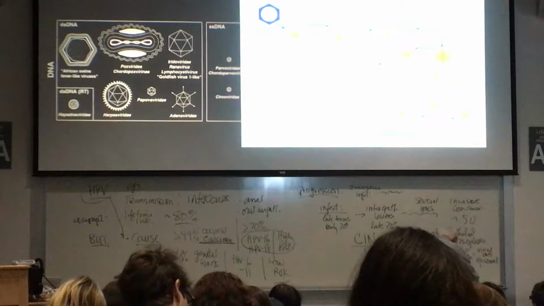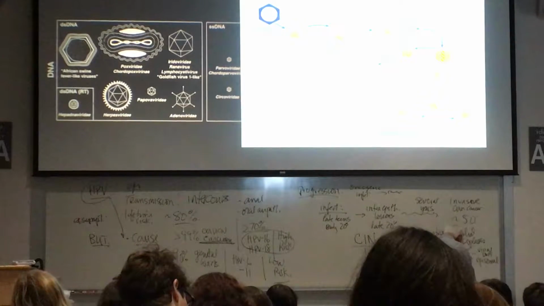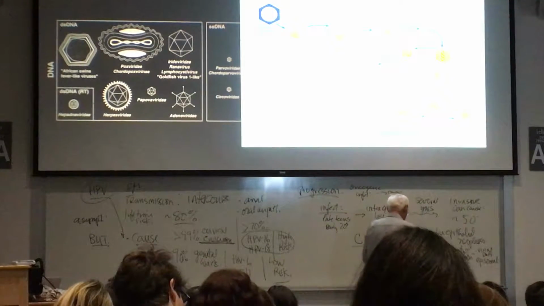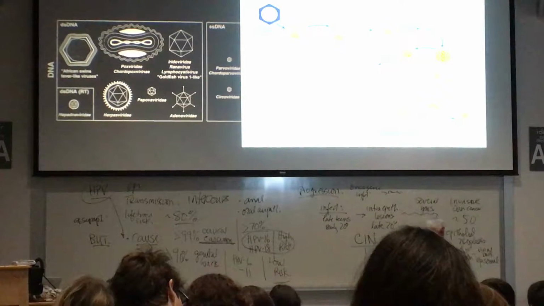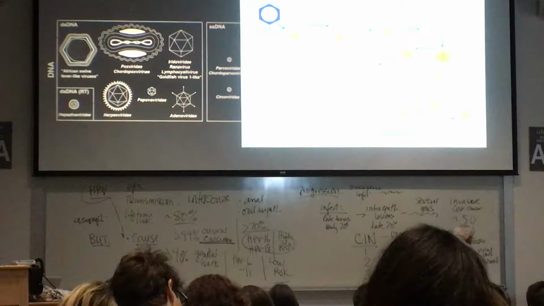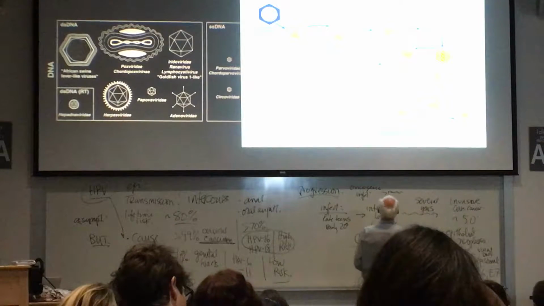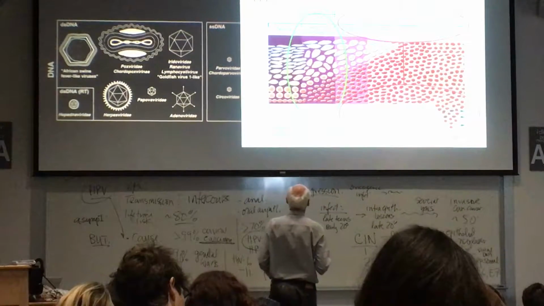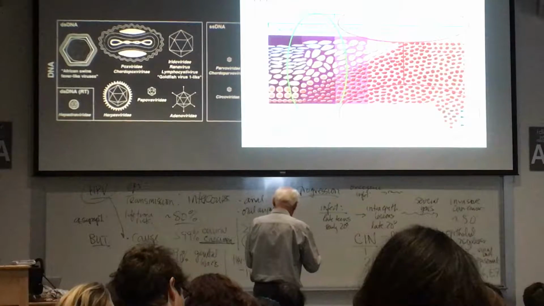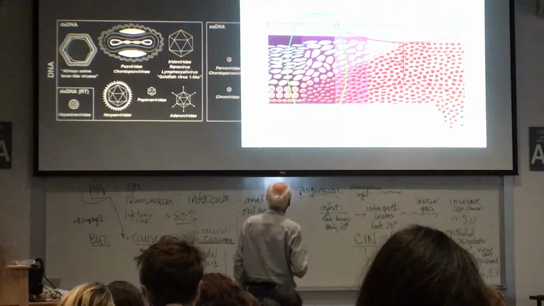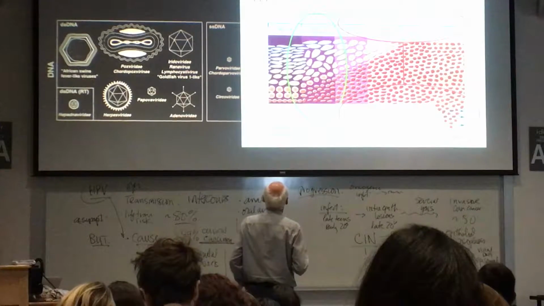The viral DNA is integrated into the chromatin. And as a result of that integration, the expression of E6 and E7 is elevated. And that's summarized on figure 7 of your handout.